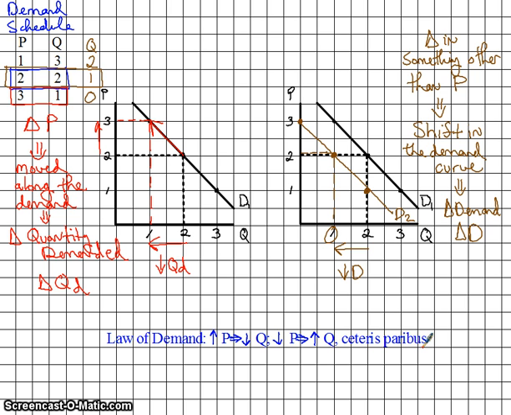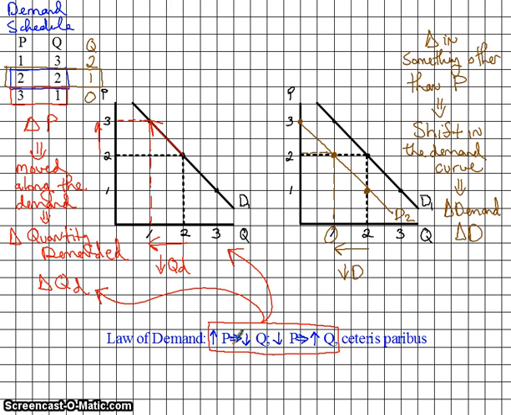Let's start with the beginning of this. If everything else is held equal, when the price of a good goes up, people buy less, and when the price of a good goes down, people buy more. That concept is connected with these statements and this graph. When a price changes, in our example the price went up and we moved along the curve right here.